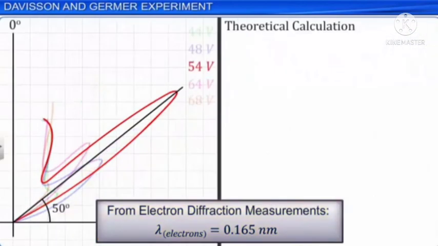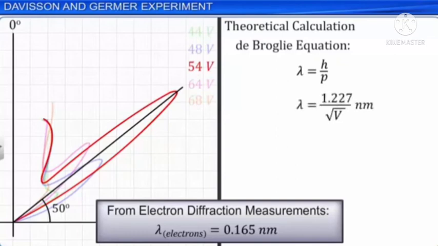We know that the de Broglie wavelength of an electron is denoted by lambda is equal to h by p, where h is Planck's constant and p is the momentum of the electron. If the electron is accelerated from rest through a potential difference of v volt, then, substituting the values of mass of the electron, charge on the electron, and Planck's constant, the expression for wavelength is obtained as 1.227 by square root of v nanometer.